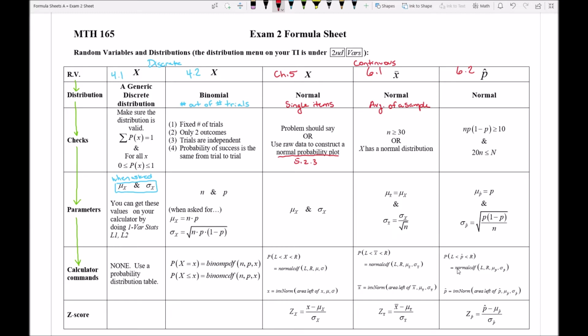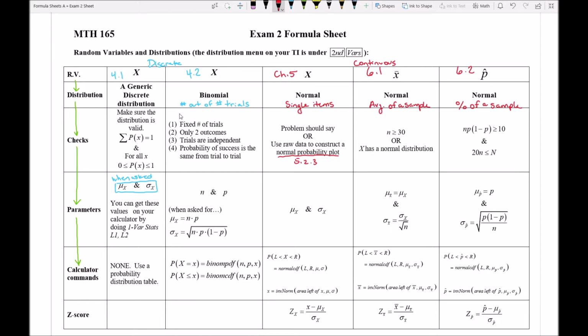Now, when I think about this column of p hat, it's important to remember that we're asking questions that are going to get at measuring percentages of a sample. That's what this column is all about. This is different than what we looked at in the X bar column, where we talked about the average of a particular sample.